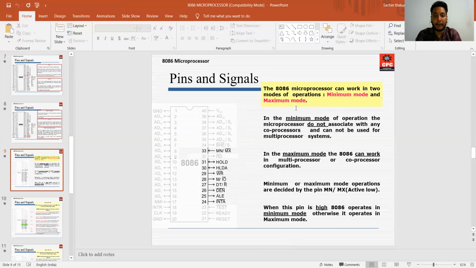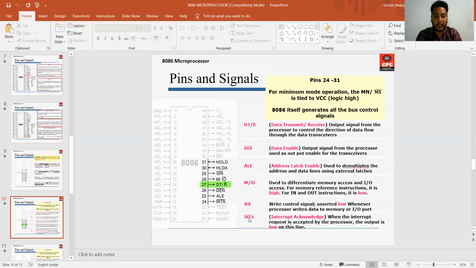The minimum or maximum operation is decided by this pin, number 33, MN/MX. MN stands for minimum and MX stands for maximum. When this pin is high, at logic 1, the 8086 operates in minimum mode. Otherwise, when this pin is at logic 0, it operates in maximum mode.